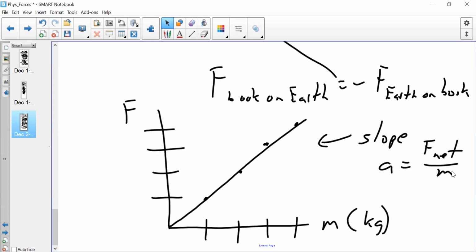So then when you solve for net force, it's going to be F equals mass times acceleration, because you multiply both sides by mass to get your net force. And that's just a roundabout way of saying the same thing.